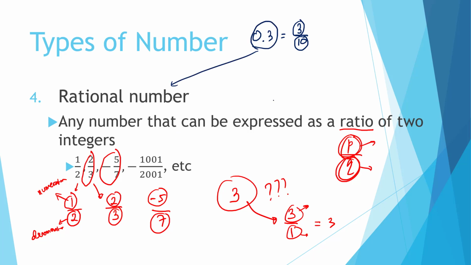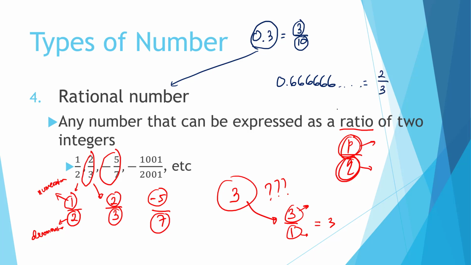Okay, what if you see something like 0.66666 and so on, right? Is this a rational number or not? If we convert this into a fraction, you will get 2 over 3.